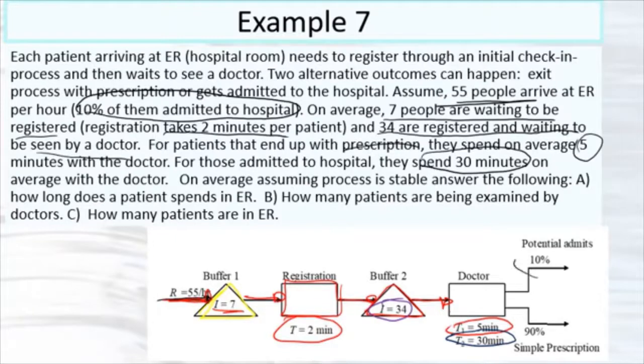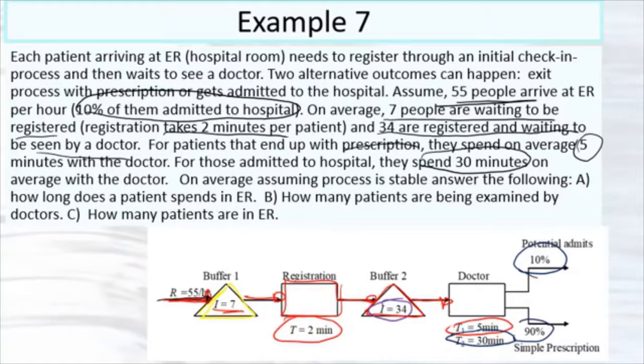Now we see 10% here and 90% here. This is why we're showing 10% and 90%, because here the flow rate is going to be specific. We're going to have a flow rate for potential admits and a flow rate for simple prescription.